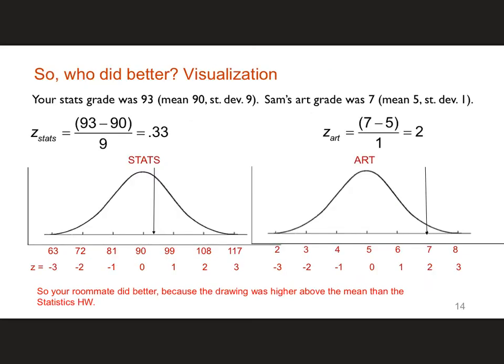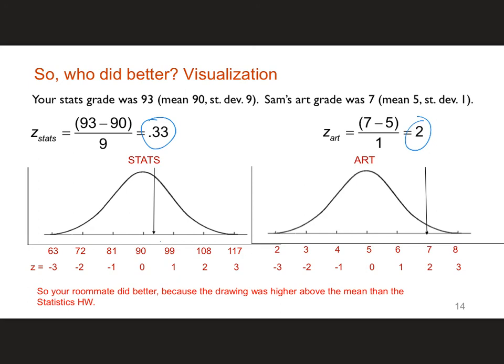Now, visualizing it, we have our z-score values as calculated from the previous slide. In this case, this is the exact location of the z-score values. So then, over here we have 0.33 and we have 2.